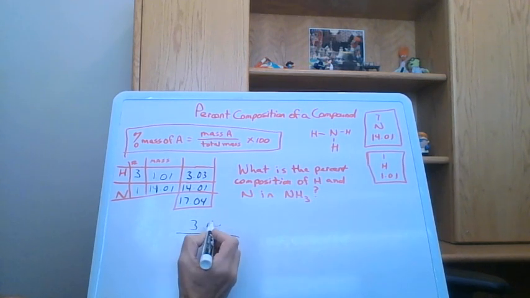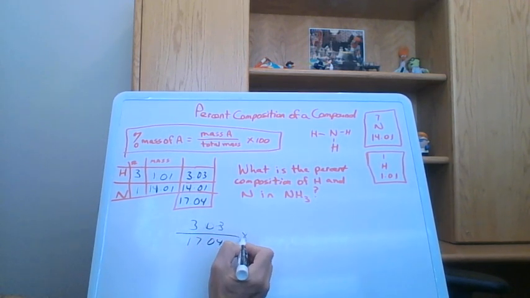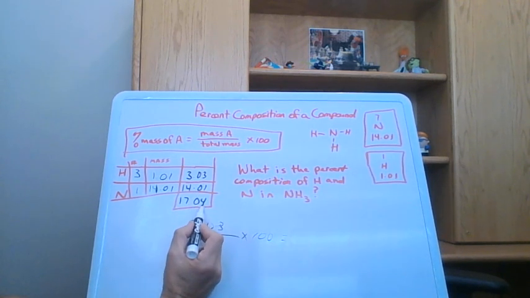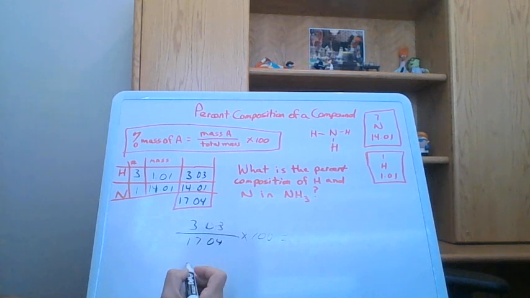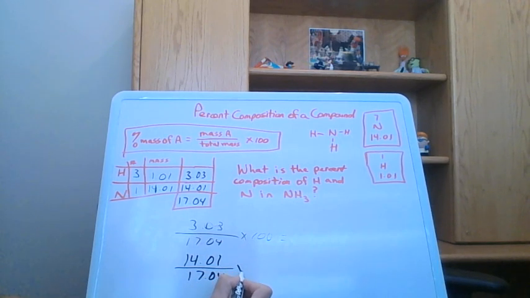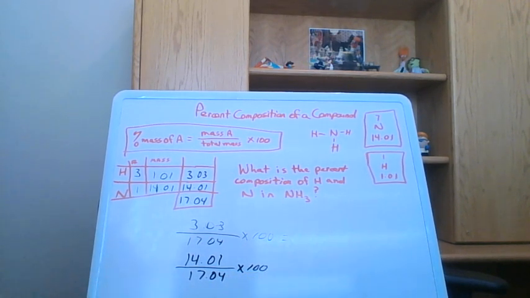And then we're going to multiply that by 100 to get the percent. And then out of that 17.04 grams, 14 of it is from the nitrogen. So we divide that by 17.04 and multiply that by 100.